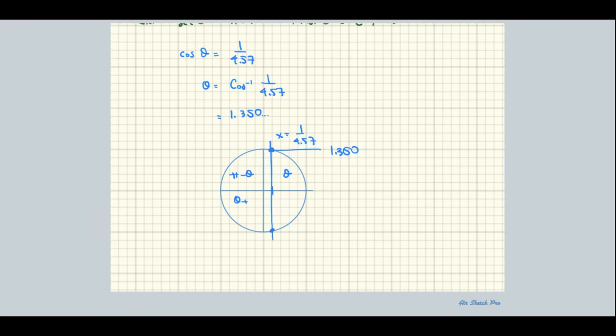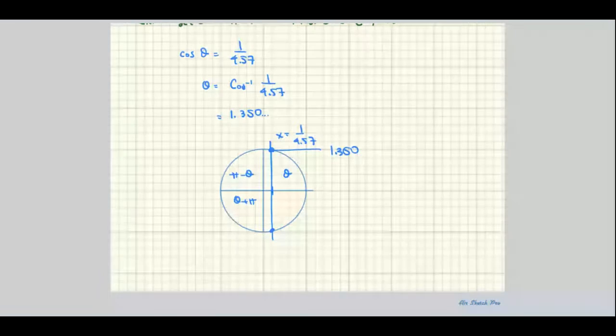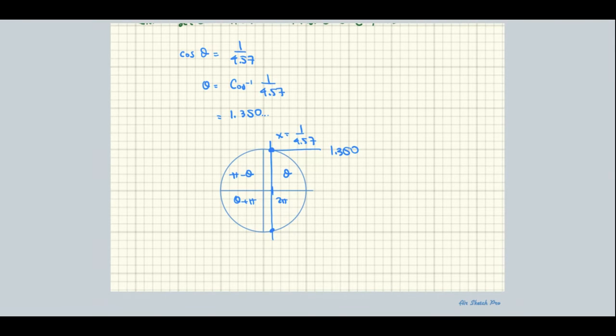Over here it's theta plus pi, just add 180 degrees. And over here, it's 2 pi, all 360 degrees, minus theta. So for the other one, you need to calculate 2 pi minus that 1.350.